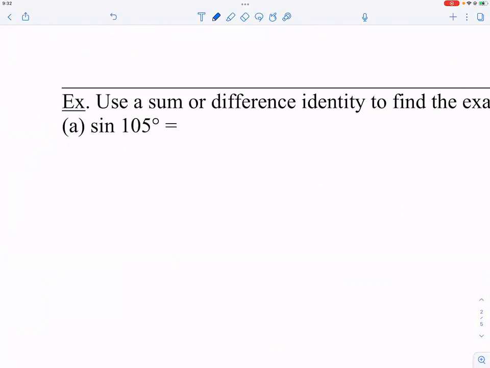Well, if you can come up with a sum to make this happen, what will be the two angles? Angles that you know very well.